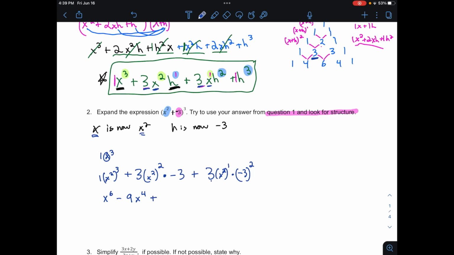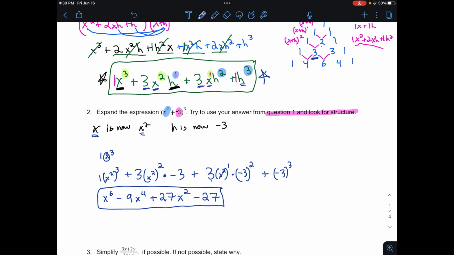So we get plus 27 x squared to the first, which is just x squared. And our last term was 1h cubed. So plus, but instead of h, remember we have negative 3 cubed. Negative 3 times negative 3 is positive 9, times negative 3 is negative 27. So minus 27. And if we box all this up, that is our answer.